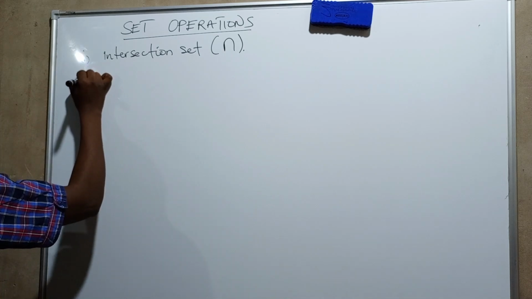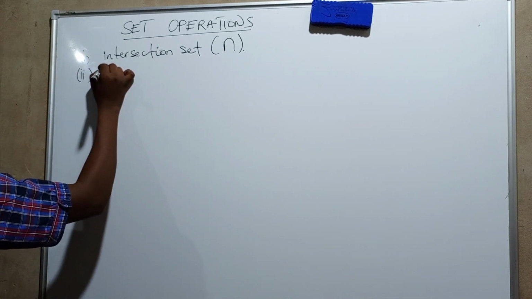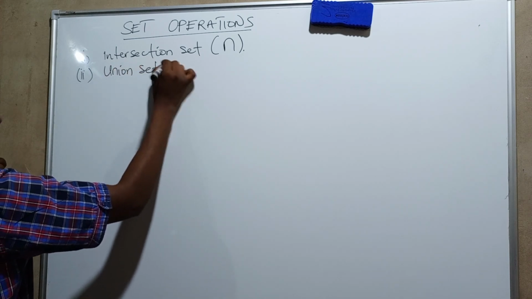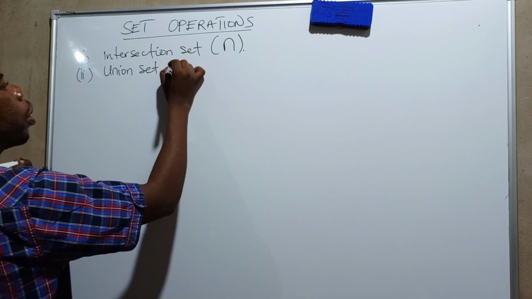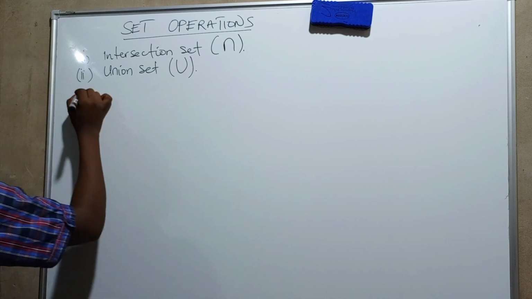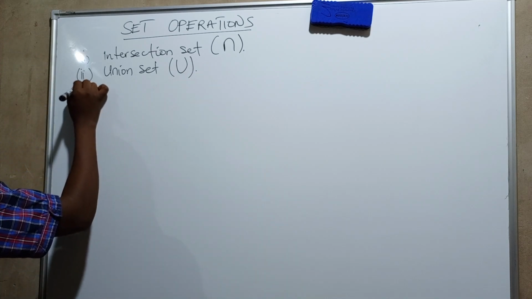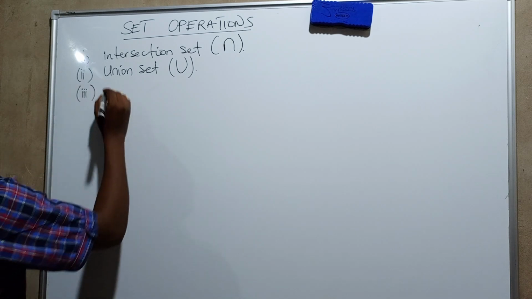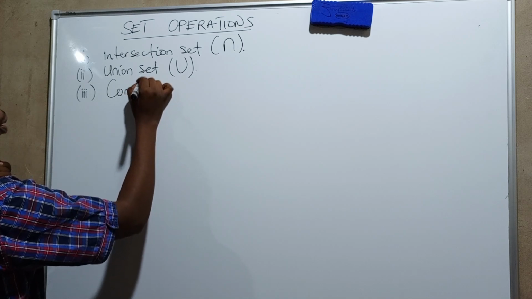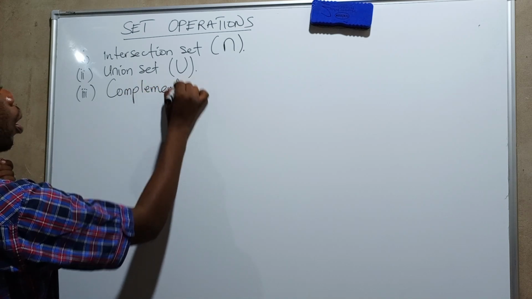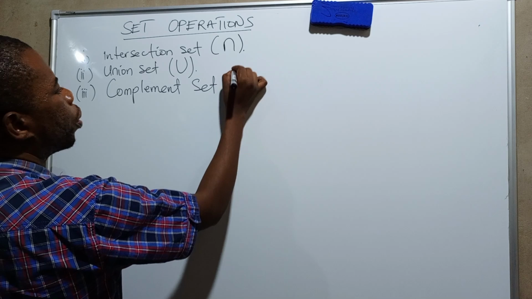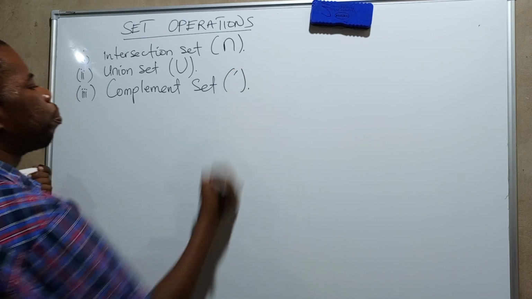Then we are also talking about union, which is represented by a symbol like this, like U. Then we have another one, which is the complement set, represented by that thing there.